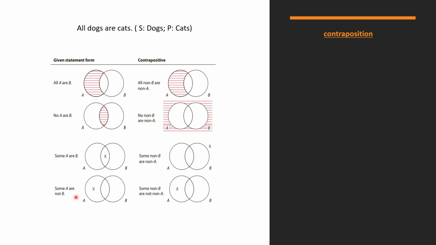Some A are not B. Okay, that's the same. So in contraposition, we have two identical formulas or statements. We have identical outcomes with proposition A and proposition O.